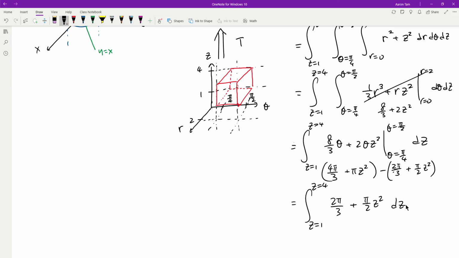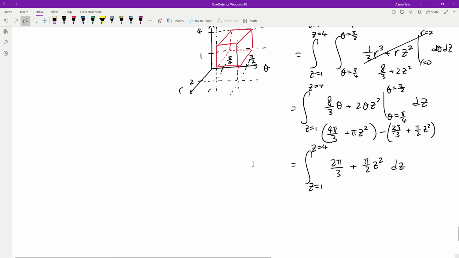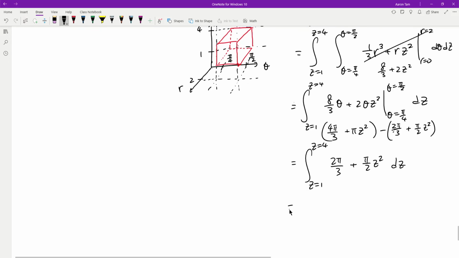And now I'm ready to integrate from 1 to 4. If I integrate this, that becomes 2 pi over 3 z plus pi over 6 z to the third, from z equal to 1 to 4.